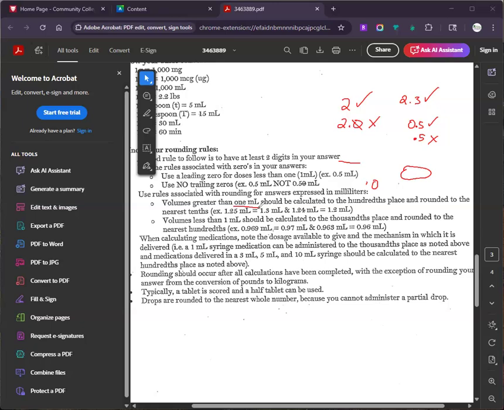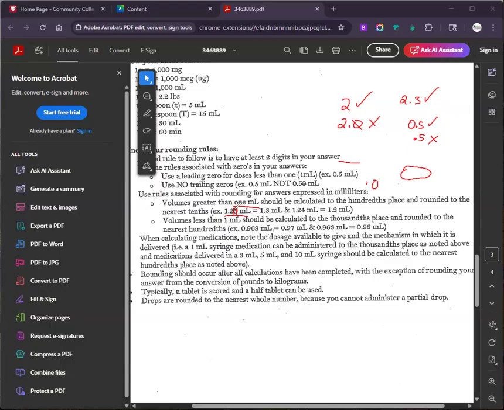So this is specific for volumes, but it's applicable to other things where you would need to round. And I'll explain that as we go along. So if you have something greater than 1, such as 1.25, we're going to look at the hundredths place, and then we're going to either round up if it's 5, 6, 7, 8, or 9, or leave it alone if it's 4, 3, 2, 1, or 0.